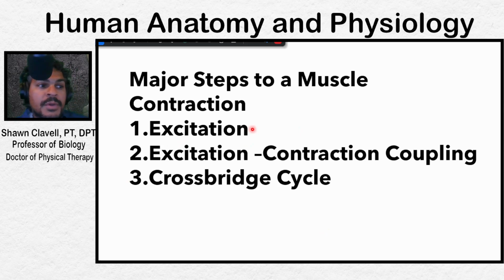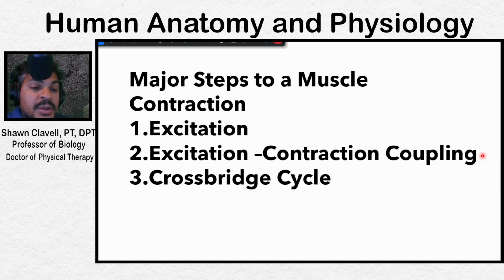So, the major steps of a muscle contraction are excitation. That means that a muscle needs to be stimulated by a nerve, preferably. And so, when a nerve stimulates the muscle, that is the excitation phase, as it propagates across the sarcolemma.